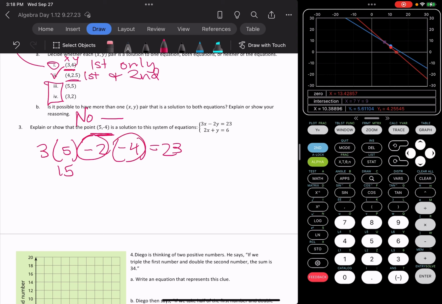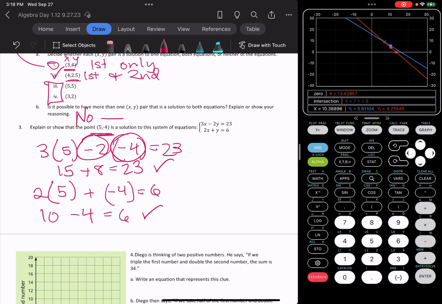Negative 2 times negative 4 is positive 8, equals 23. So we can see that that works for the first equation. The second equation is 2 times 5 plus -4 equals 6. We get 10 plus a negative 4 is minus 4, equals 6. That is also true. So that's all you have to do to show that this point is a solution to the system because it works.